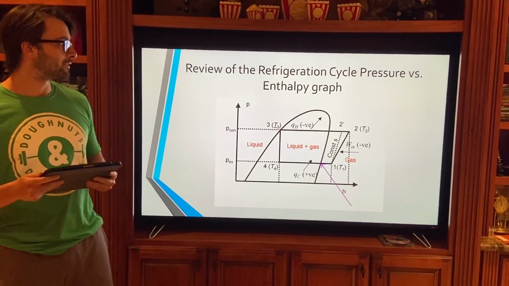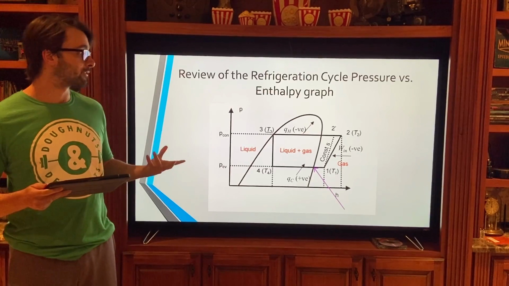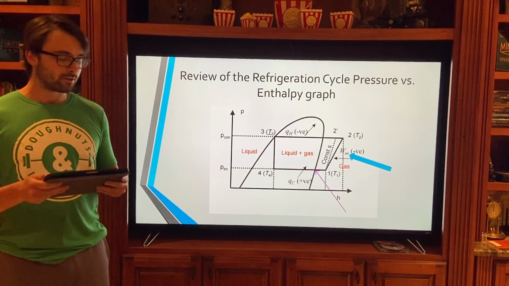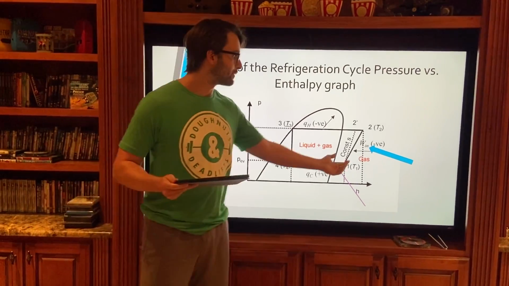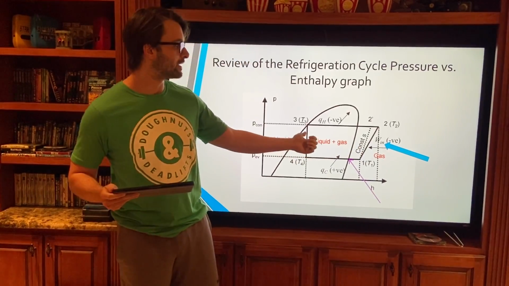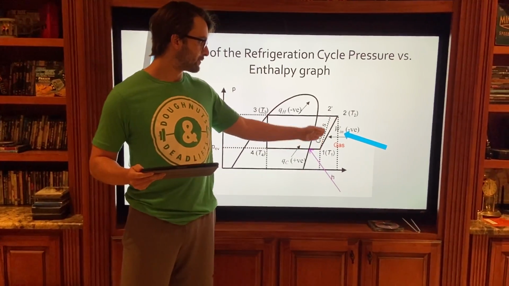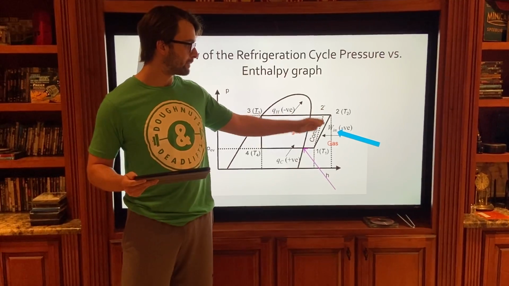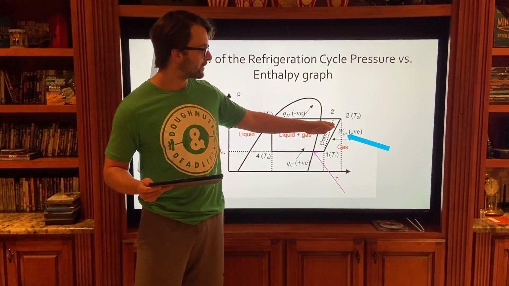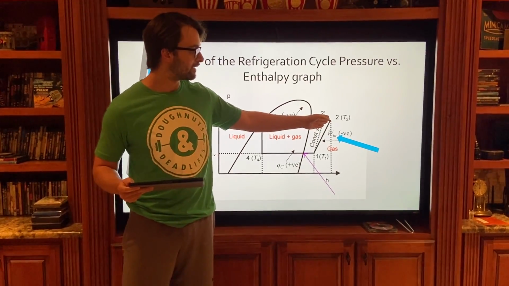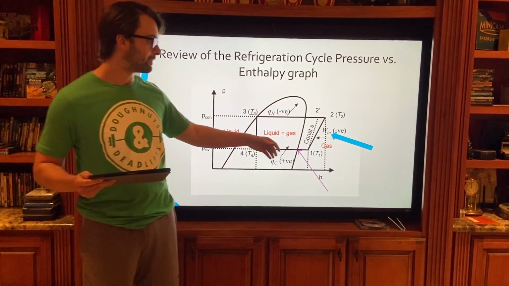So a little review of the refrigeration cycle, a pressure versus enthalpy graph. We will have the work input here of the compressor. In the ideal situation, we're going to have constant entropy, but this isn't going to be the case. So we're going to have a slightly higher enthalpy in the actual version.